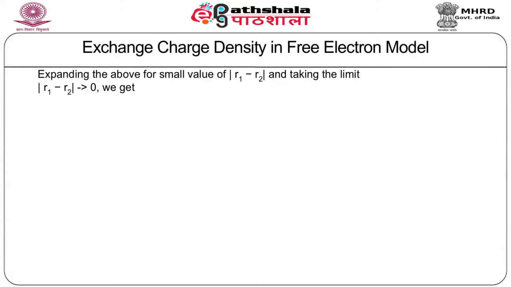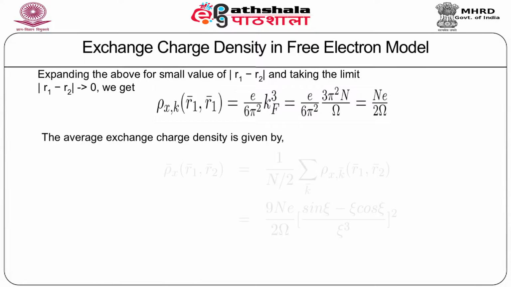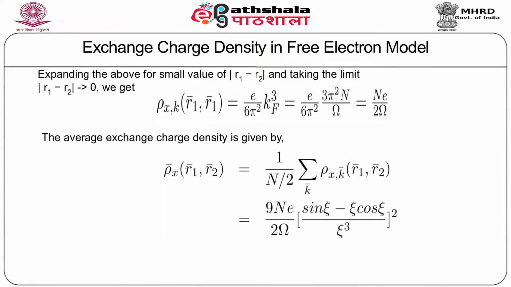Expanding the above for small value of R1 minus R2 and taking the limit that modulus R1 minus R2 tending to 0, we get this following expression, which is nothing but Ne divided by 2 omega. The above exchange charge density is given by this expression, where we have the exchange charge density rho x at R1 and R2.